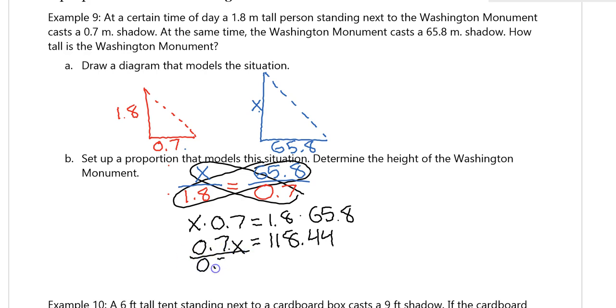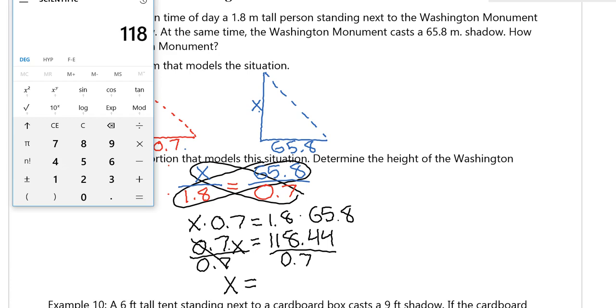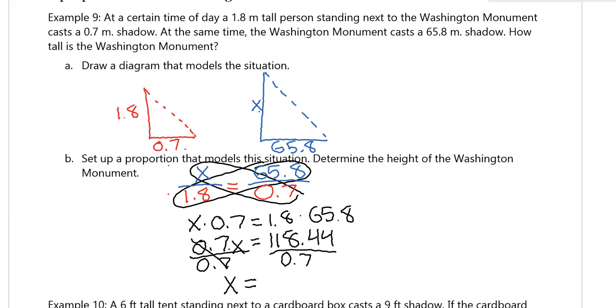So I'm dividing both sides by 0.7. 0.7 divided by 0.7 cancels out, it's just 1. So 1x equals 118.44 divided by 0.7. And I get 169.2 meters. For these, we have to use units, okay? And that's it. Easy enough.